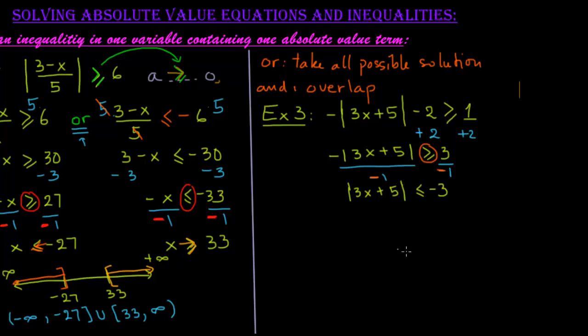Now if we keep going solving this one, we will have two inequalities. The first one is 3x plus 5 less than or equal to negative 3, and the second one is 3x plus 5 greater than or equal to positive 3.